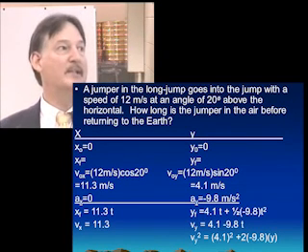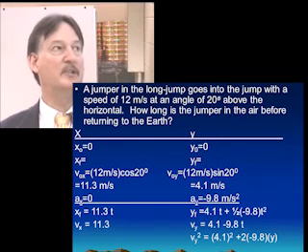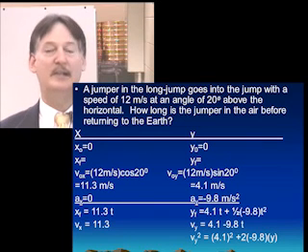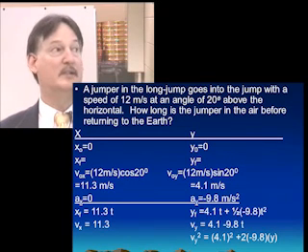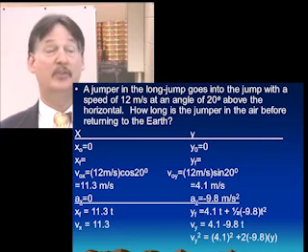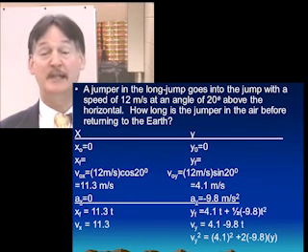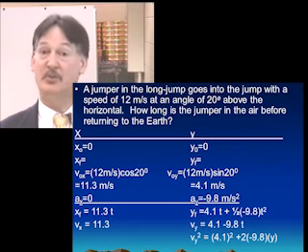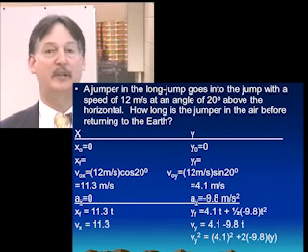At any rate, in this area, we are looking at our relevant equations. We've identified that x is 11.3 v0x times t, and that the velocity in the x direction is simply 11.3. That doesn't change because there's no drag on the jumper, because there's no air to create that drag.